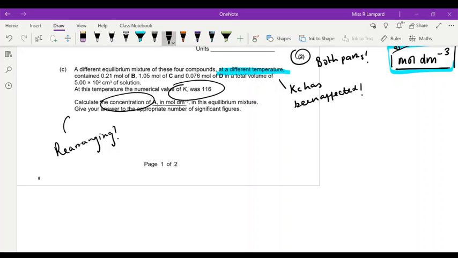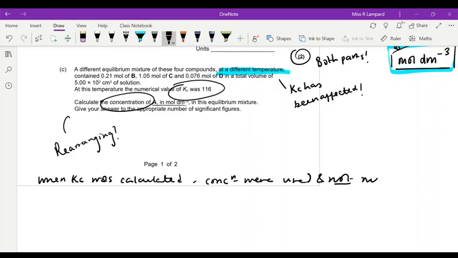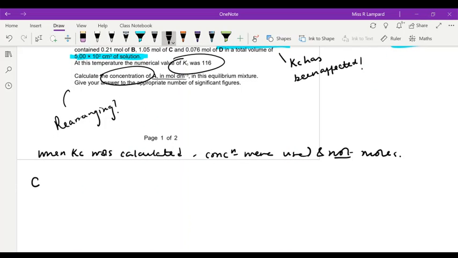And when Kc was calculated, concentrations were used and not moles. But luckily, you have been given the information that you need to calculate concentration because you've also been given the volume. Now, we know that concentration is equal to n times 1,000, so the number of moles times 1,000 divided by volume, unless we convert our volume into decimeters cubed.